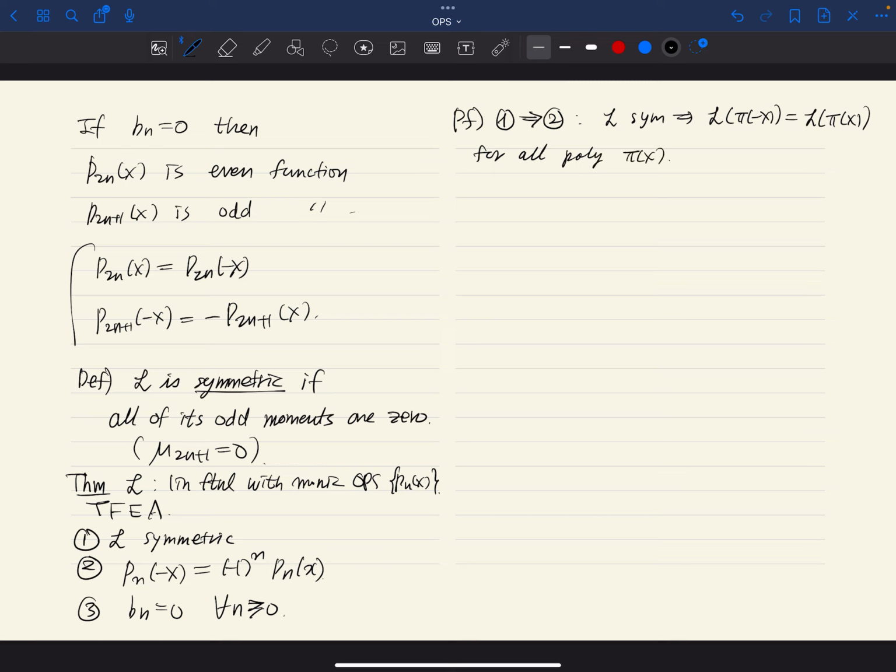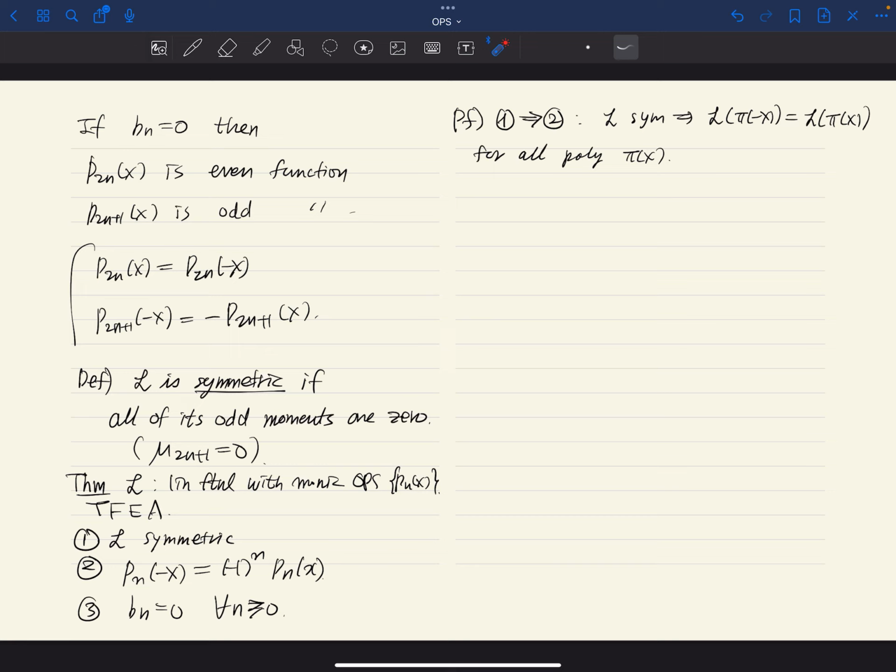Is that right? The difference between these two only appears through odd moments, and odd moments are all 0, so they don't contribute any difference. So they are the same.